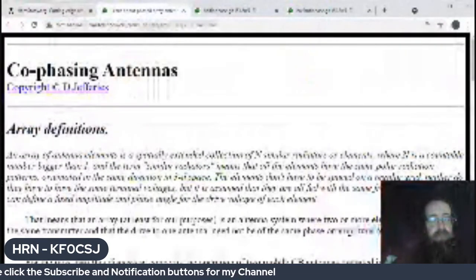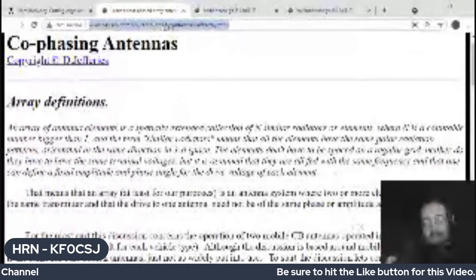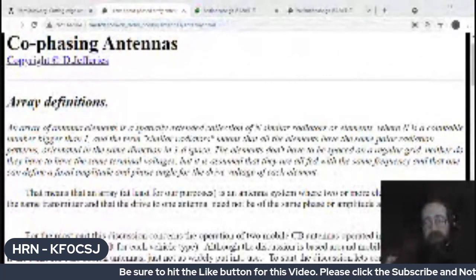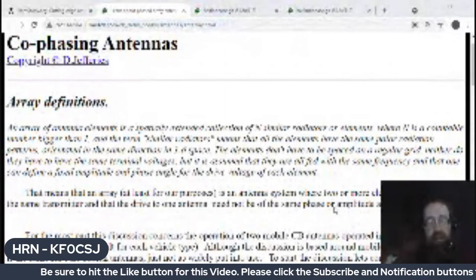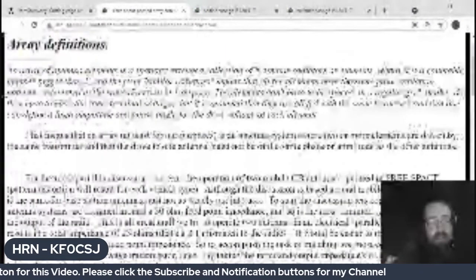Here is a link that talks about all the shifting with the different antennas.